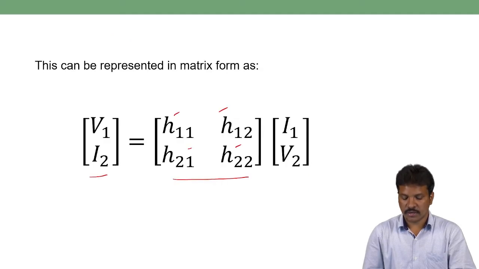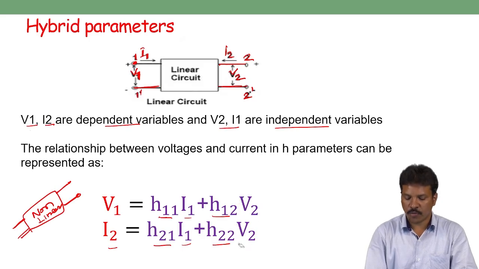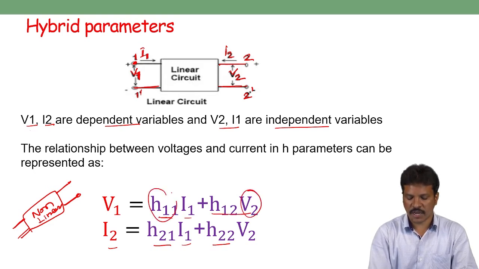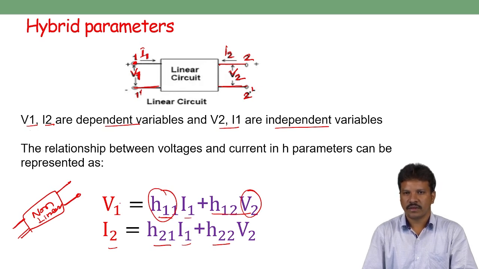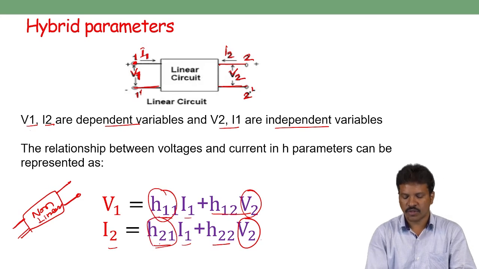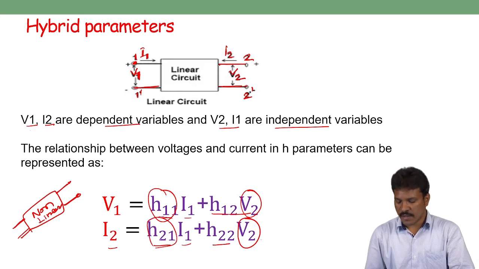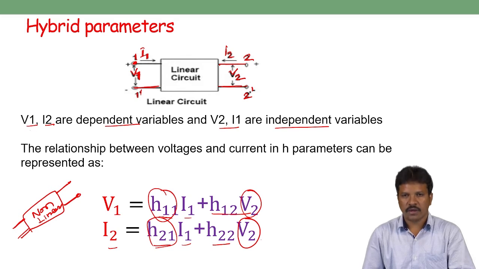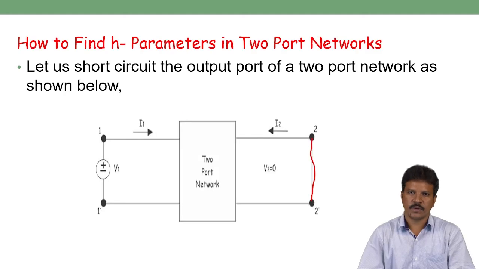In equation 1, when V2 is 0, the second term becomes 0 and we get the first H parameter, H11. In the second equation, with V2 equal to 0, we get the other parameter. So H11 and H21 are the parameters we get with the short circuit of the output port.